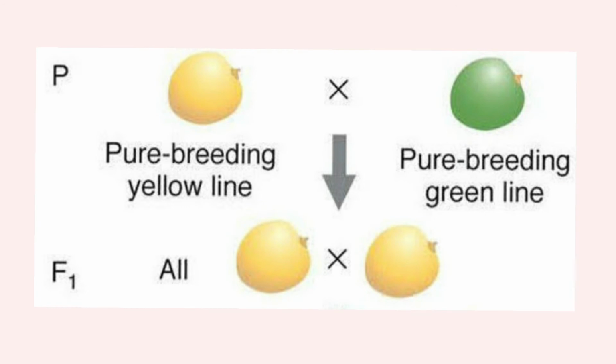He crossed a pure yellow line with a pure green line and observed that the F1 seeds that appeared were all yellow. Therefore, by definition, yellow is the dominant phenotype and green is recessive. Yellow is represented with capital Y and green with small y.